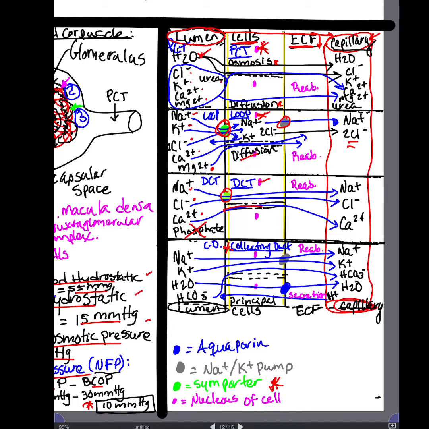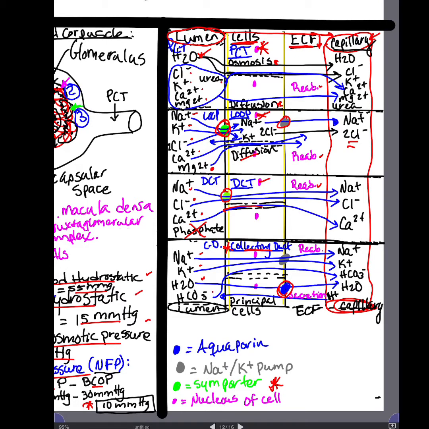So most of these areas we're going to have a lot of reabsorption, that's what I'm trying to say. And then, for example, in the collecting duct, which is the last part, we're going to have movement of sodium, potassium, water, of course. We're going to have these aquaporins right here, a lot of aquaporins actually.